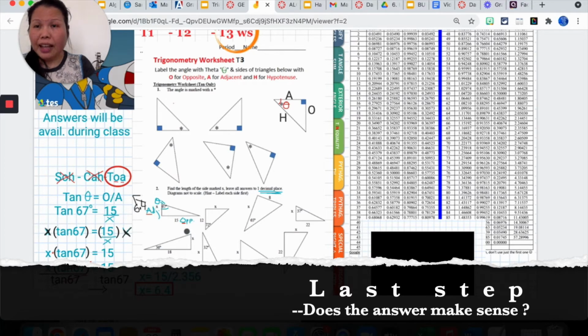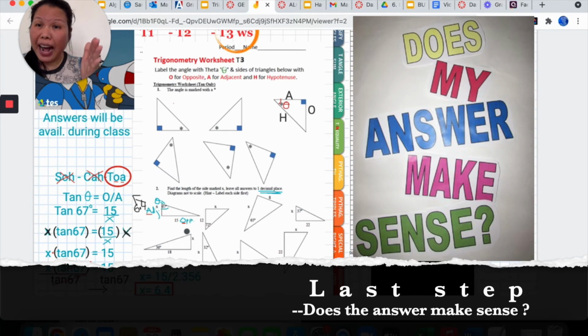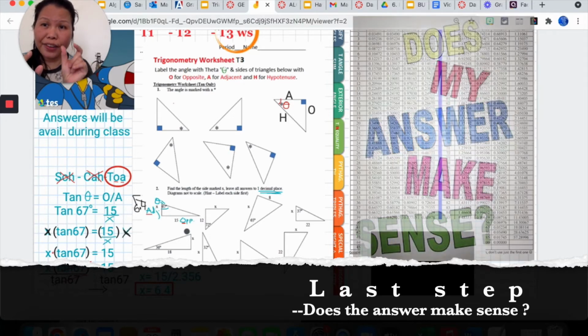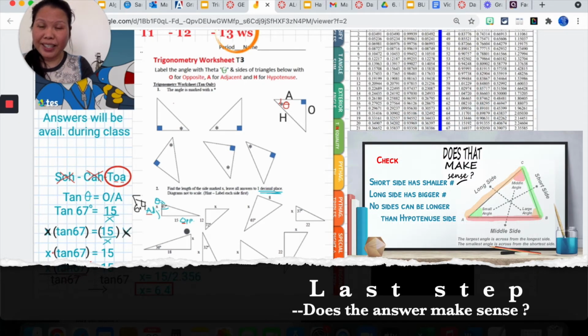If my answer is 15.4 or any number higher than 15, it doesn't make sense because that's supposed to be the shorter side. The shorter side doesn't have a number bigger than 15, the opposite side, the longer side. And so that's what I mean by check for the reasonableness of the answers, that the answer makes sense.